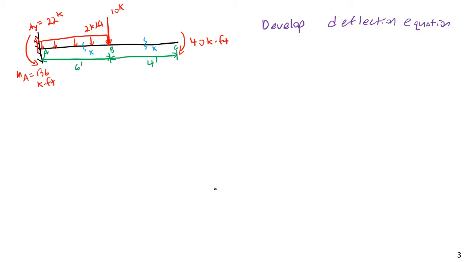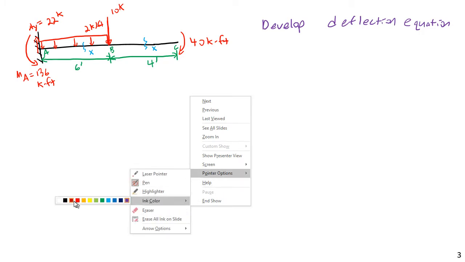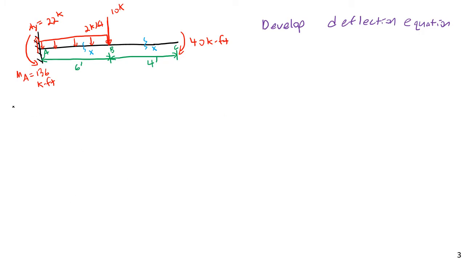Okay, so I'm just going to go ahead and give us the moment function for brevity's sake. I think by now you know how to get the moment function. This should hopefully be fairly straightforward. The first step would be to get the reactions, which you already have. The second step would be to get the load function. The third step would be to get the shear function.